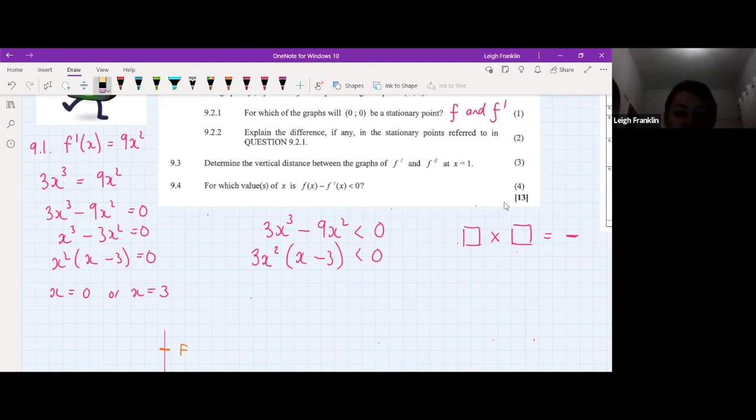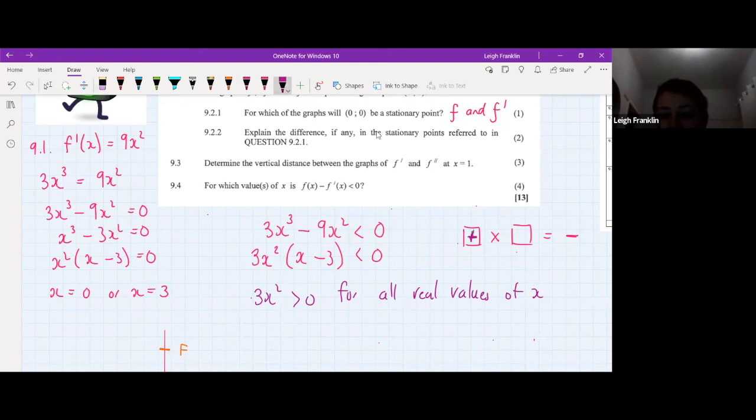If you take something that's positive and you multiply it by a positive number, it's going to be positive. So what we would say here is that 3x squared is greater than 0 for all real values of x. It will always be positive. It can never ever be negative.